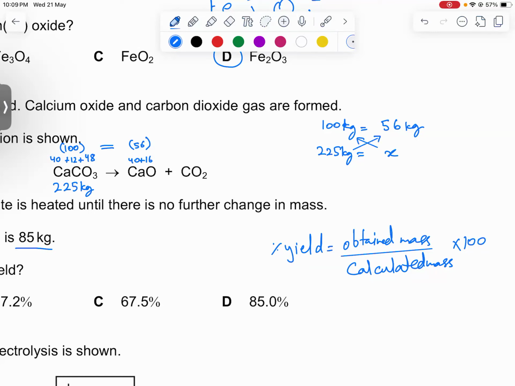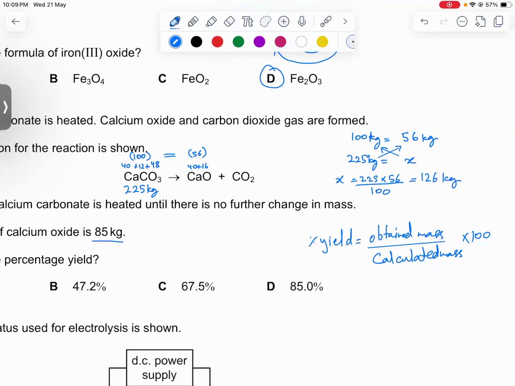We are finding calculated mass. So X is equal to 225 times 56 divided by 100, which is 126. It should have produced 126 kilograms of calcium oxide. So this is what we call the calculated yield.